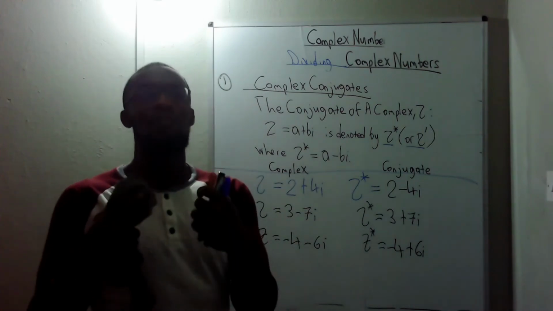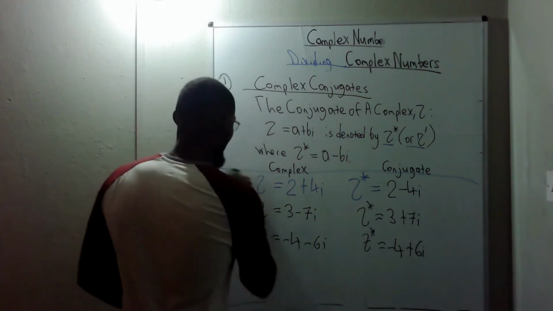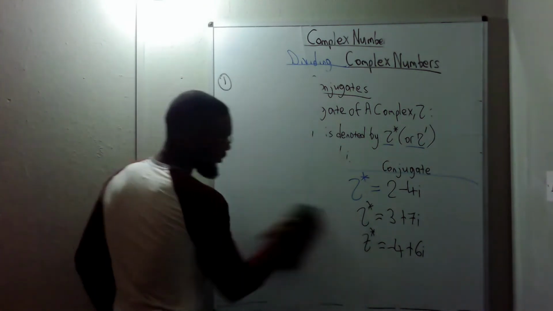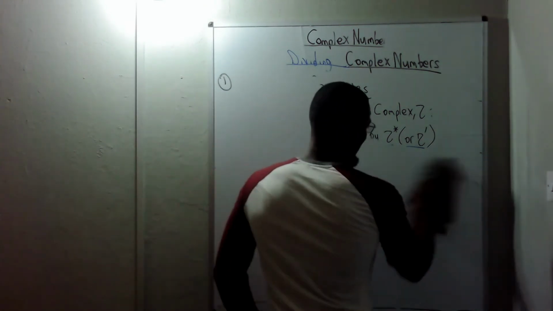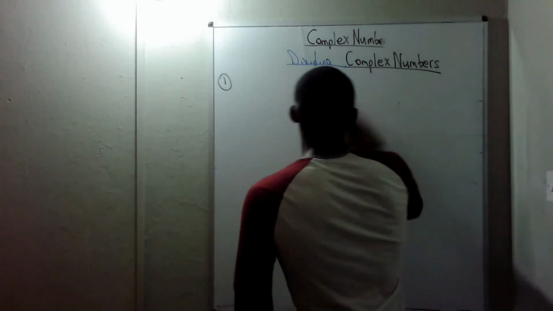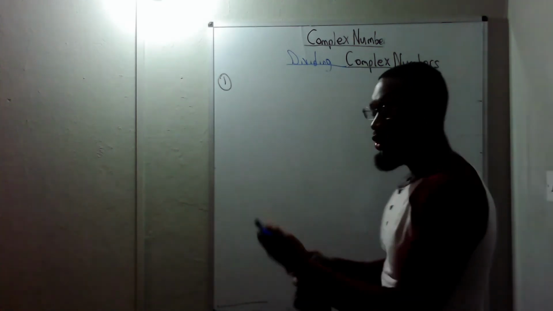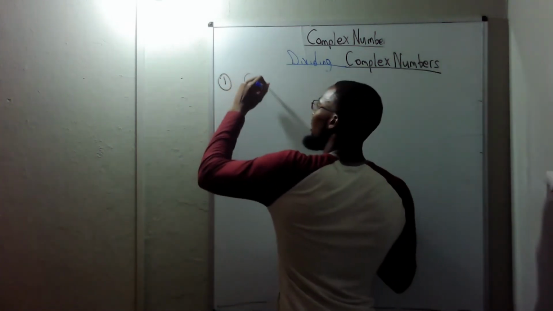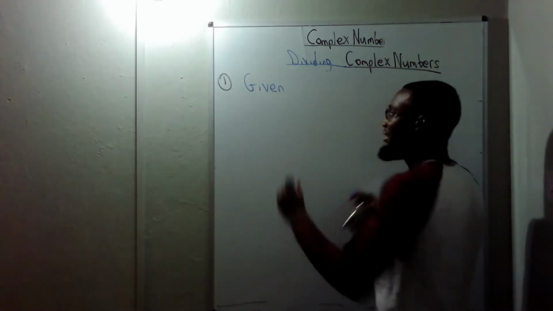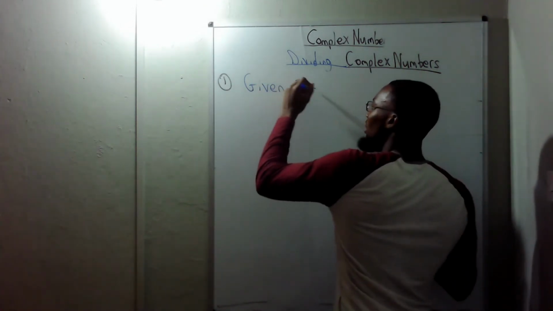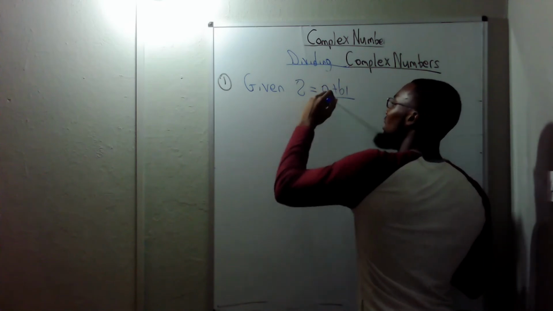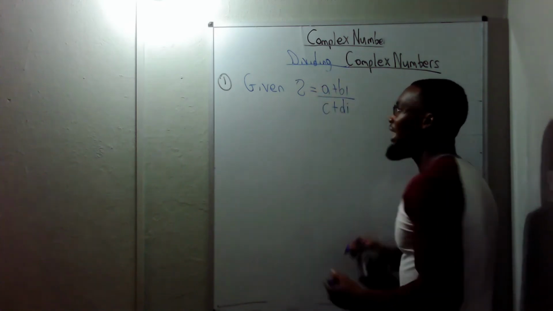Well, conjugates have everything to do with dividing complex numbers. So anytime you're given a complex number, let's say z is equal to a plus bi over c plus di, right?